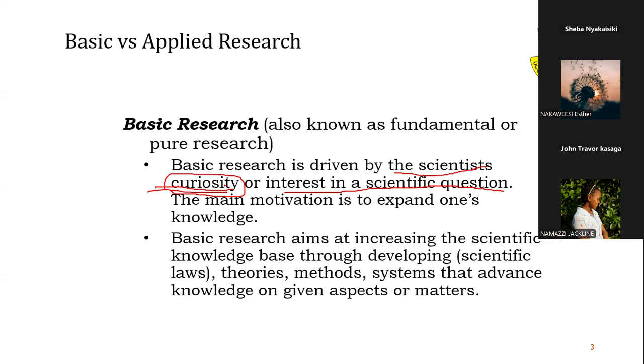But to say a dog will now become a human being is questionable because it's never actually been seen. But it's a thought that Darwin had. It started with curiosity, interest in a scientific question. So that is basic research.